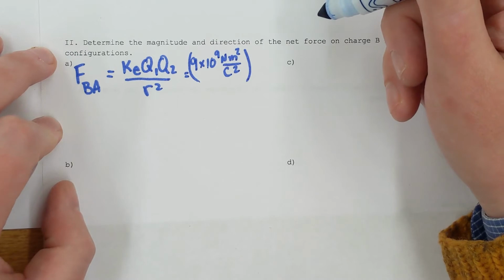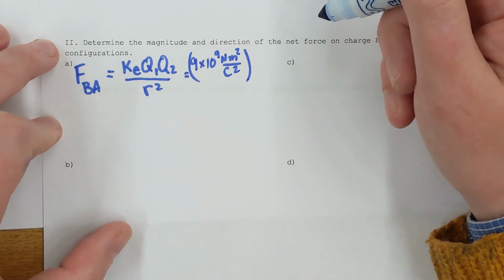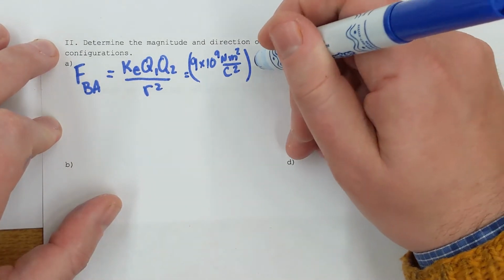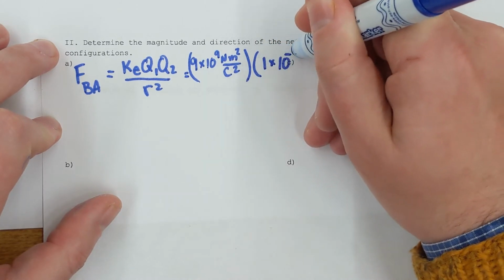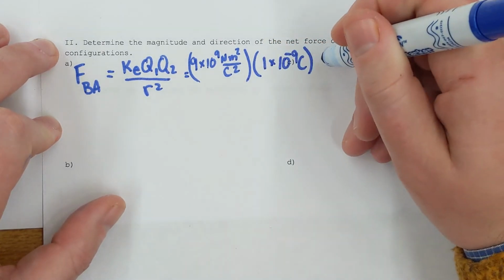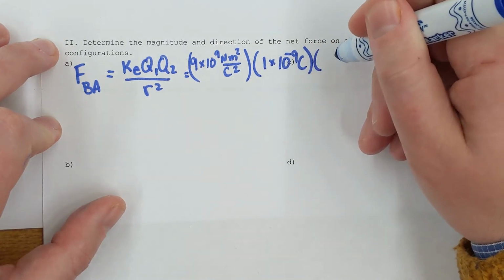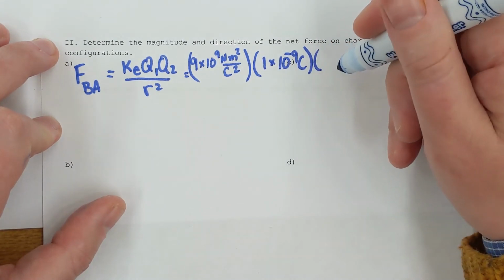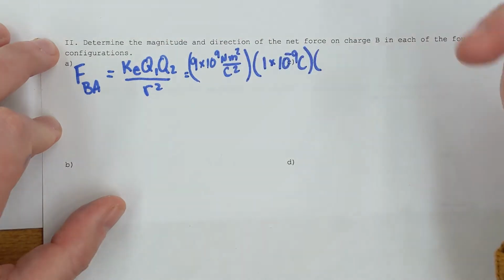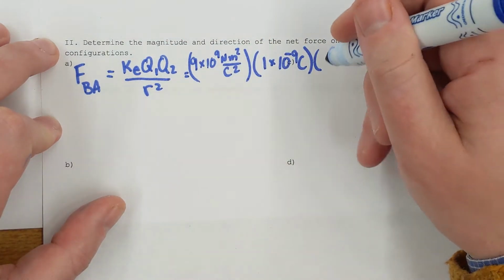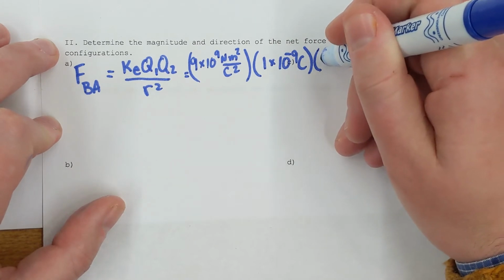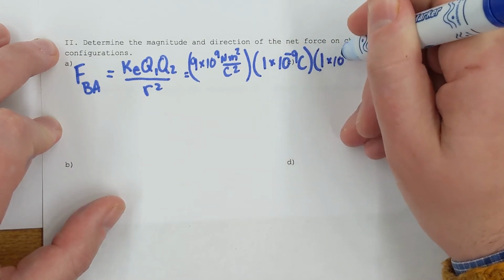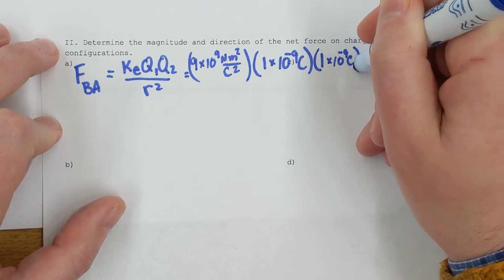Then charge A is 1 nanocoulomb, so that's 1 times 10 to the minus 9 coulombs. I'm just going to use the magnitudes here because I already know the direction. That's the only thing that I care about with the sign of each charge. So charge B is also 1 times 10 to the negative 9 coulombs.